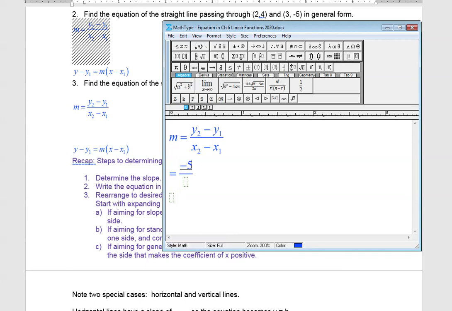So negative 5 subtract 4, over 3 subtract 2, which is going to give us negative 9 over 1. I didn't deliberately end up with some questions that ended up with whole numbers, but we did, so that's okay.